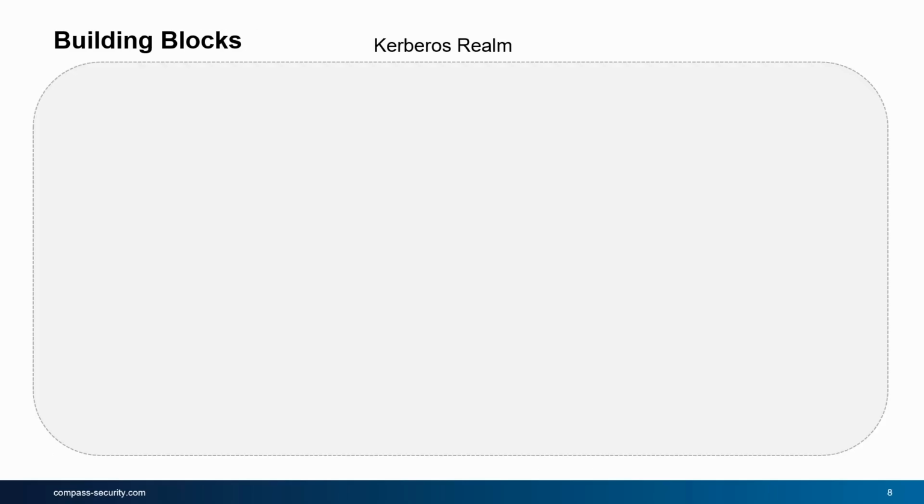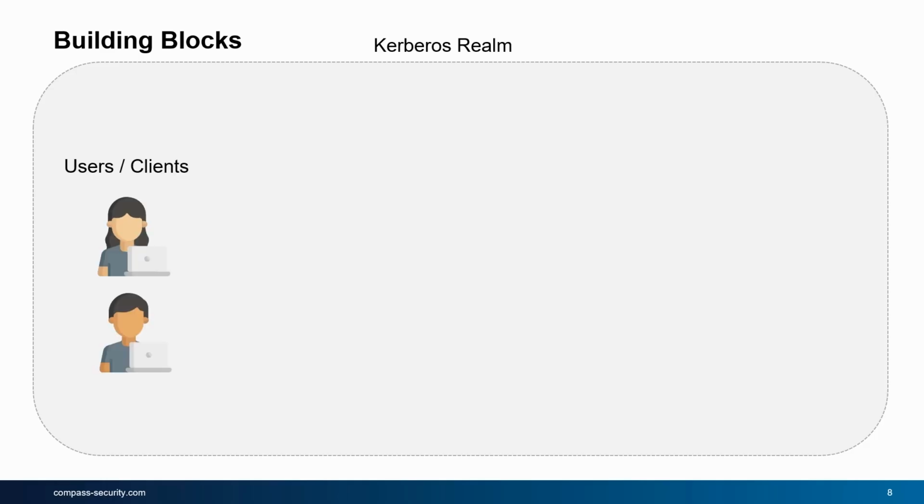Now let's look at the main building blocks that are used to create a functioning Kerberos environment. The main context where we are in is called the Kerberos realm. It groups together all clients and services that use a central instance of the KDC to authenticate to one another.